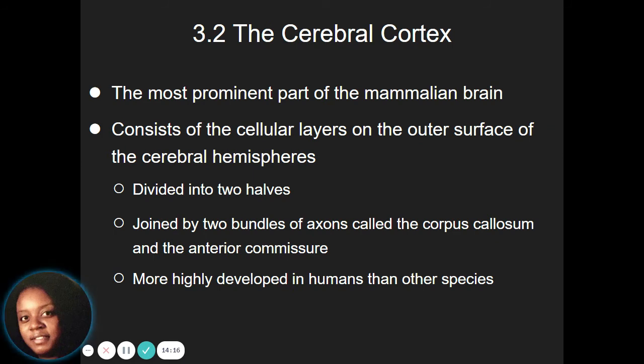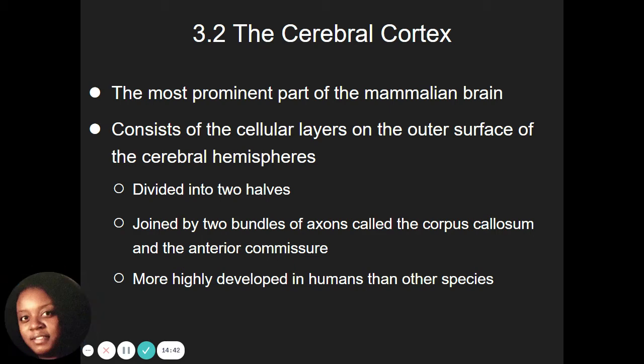The cerebral cortex is the most prominent part of the brain of mammals. It is the area that contains a cellular layer with the outer surface of the cerebral hemisphere. It is divided into two halves, joined by a number of axons that help connect the two parts of the brain together.